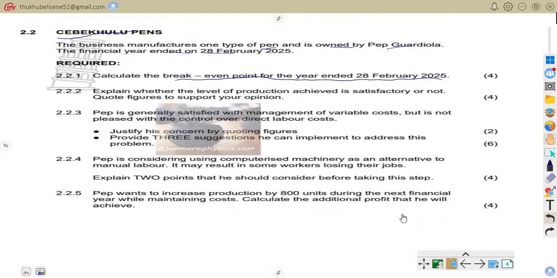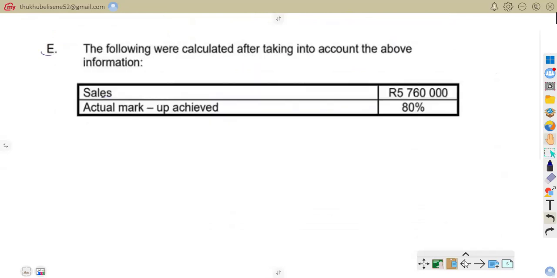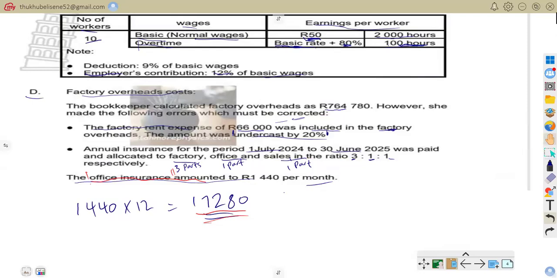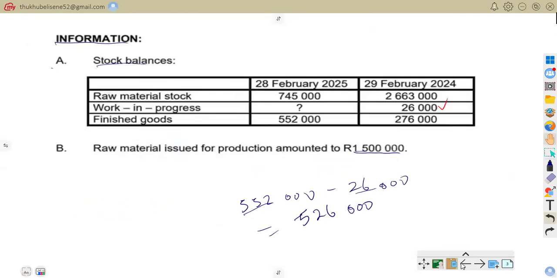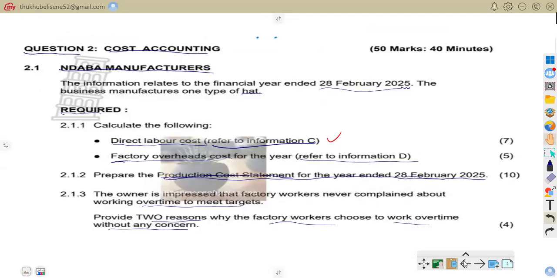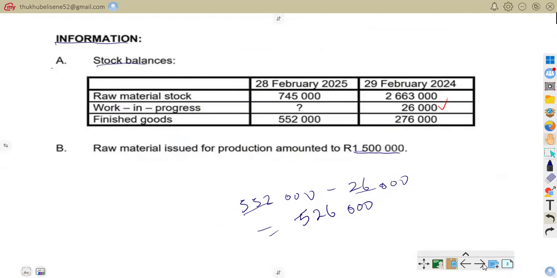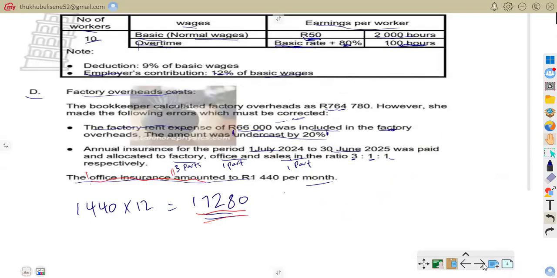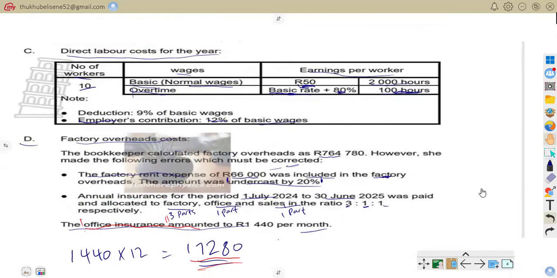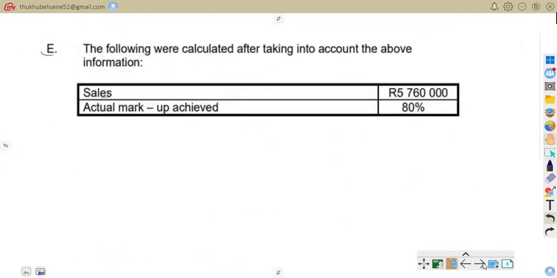So let us see the information. Let us be on our information so that it will be easy for us to calculate those.